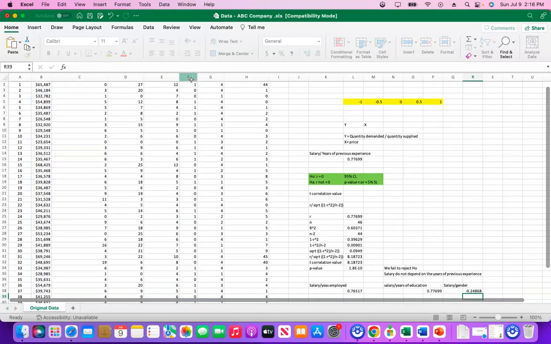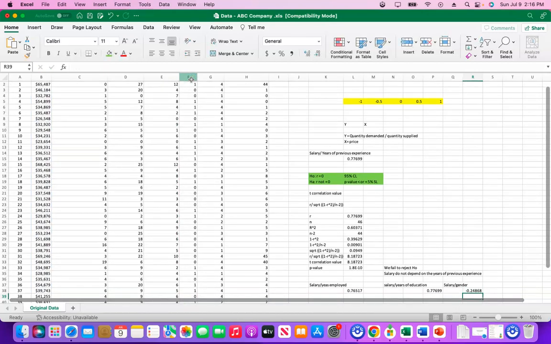If we close the bracket and enter, you can see we have minus 0.24868. If we consider 2 decimal points, we can say the correlation between salary and gender is minus 0.25. Do you think this is a significant correlation?